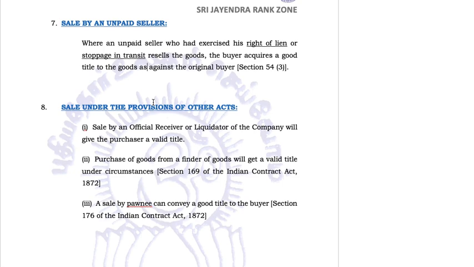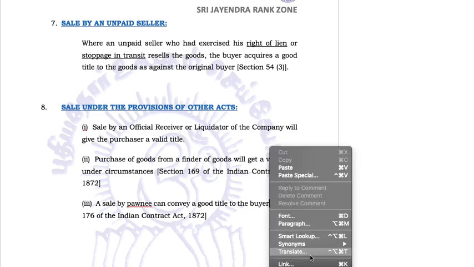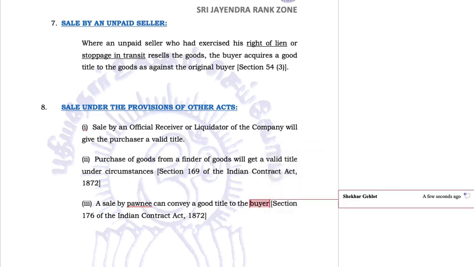A seller who is a pawnee can convey a good title to the buyer. Pawning means, just like Muthoot Finance, there's a pawn shop. At a pawn shop, people put their goods and take money, and return the money and take the goods back.